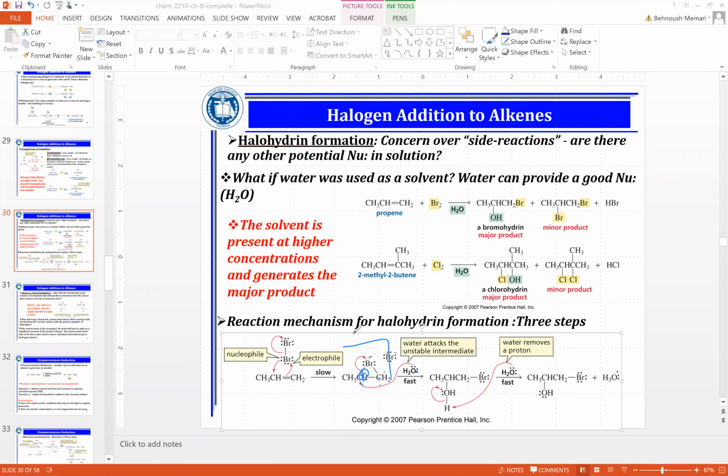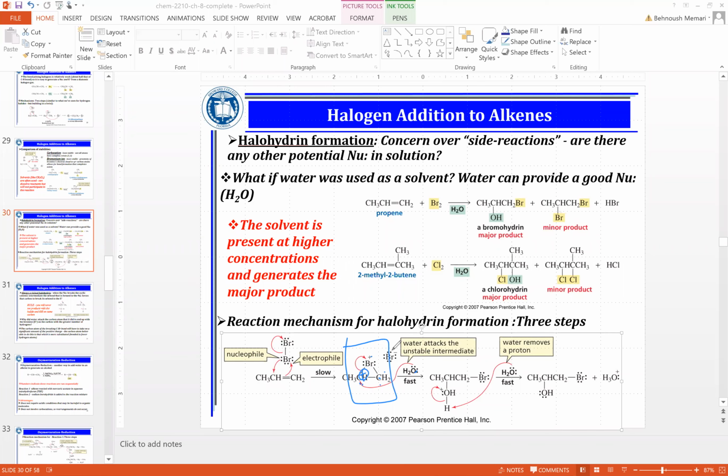It's going to make your life easier if you say, whenever I see a triangle formed as an intermediate, the addition is going to be anti-addition. If it's not a triangle, if it's just the open carbocation, it's 50-50. So you can say both, or you could say neither, because it can go from the top or bottom since it's an open carbocation. It's not just one, as with the triangle.